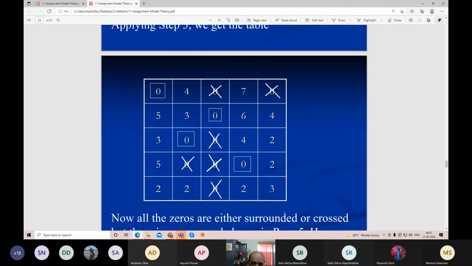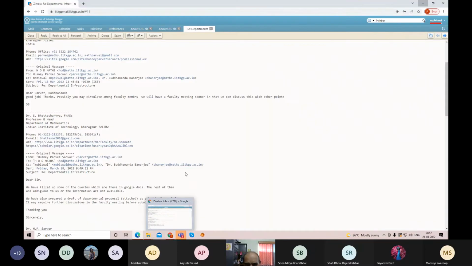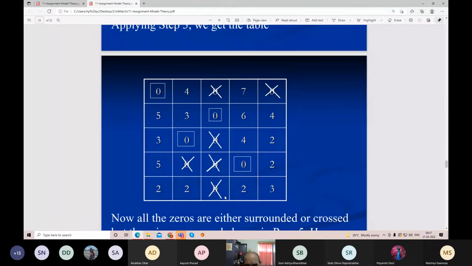But we check whether every row and every column has an assignment or not. First row, there is an assignment. Second row there is an assignment, third row there is an assignment, fourth row there is an assignment, but fifth row there is no assignment. Similarly, first column there is 1, second column there is 1, third column there is 1, fourth column there is 1, fifth column there is none.